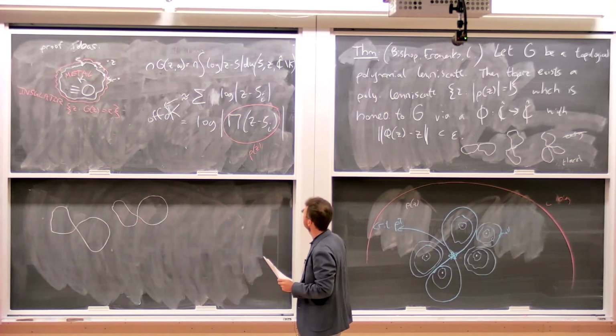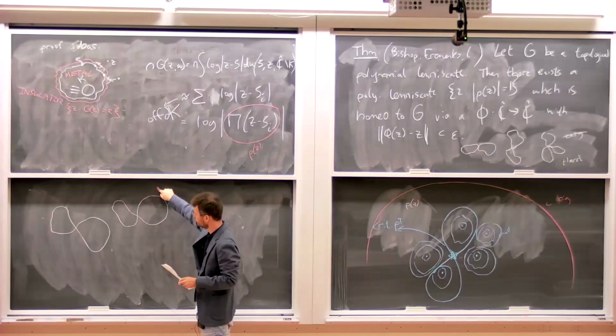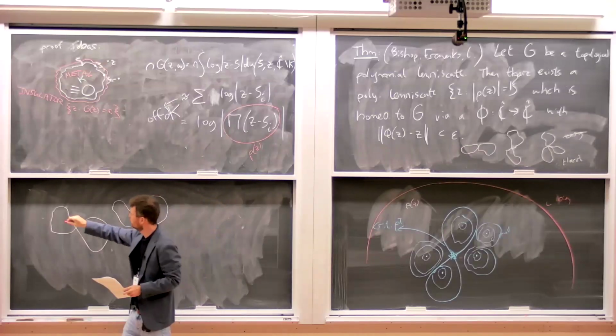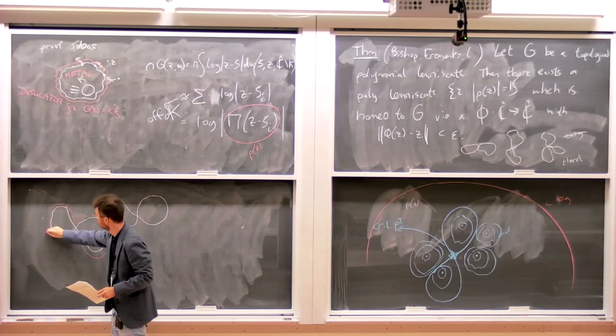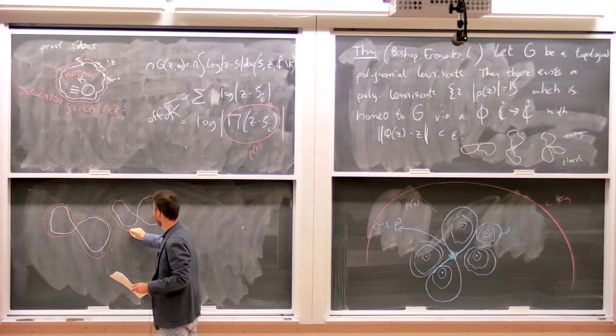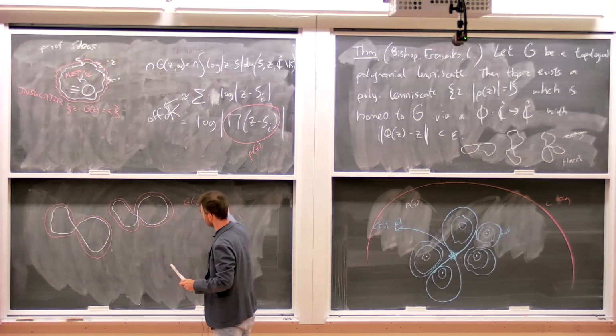Now the issue, for one, is if you just look at the Green's function with pole at infinity, the level sets are never going to cross as you want them to, right? So they're not going to be homeomorphic to what you started with, right? This is g of z equal to epsilon.